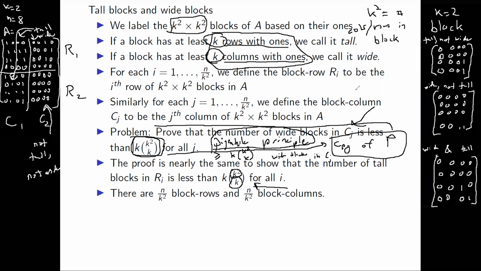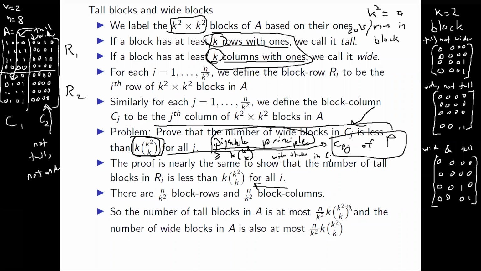So we can use this to bound the number of ones in tall blocks and the number of ones in wide blocks in the whole matrix. And in order to do that, we can just multiply the number of block rows times the number of tall blocks that we got per block row, and the number of block columns times the number of wide blocks that we got per block column.